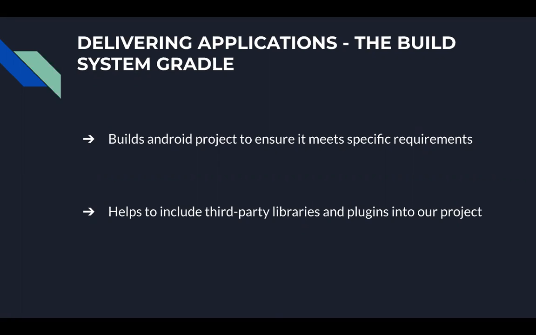It means that by the time we are done with our application and we build it, it ensures that it meets specific requirements like the API level, like the linting, inspecting your code to check that it is correct and there's no syntax error and stuff like that. So it helps us build our project to ensure that all your code will compile successfully.